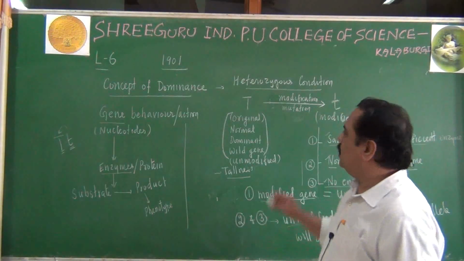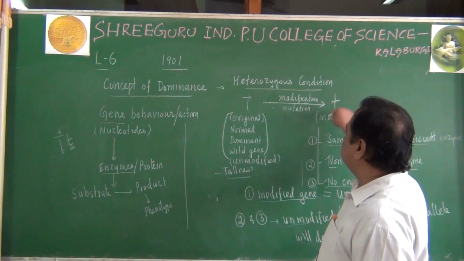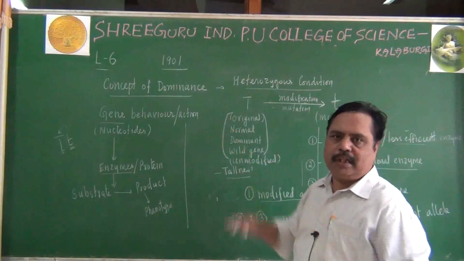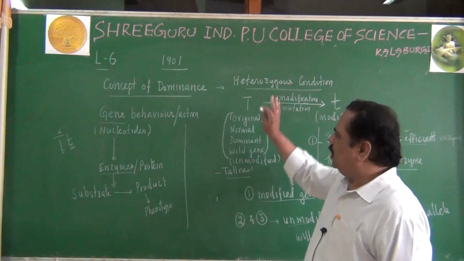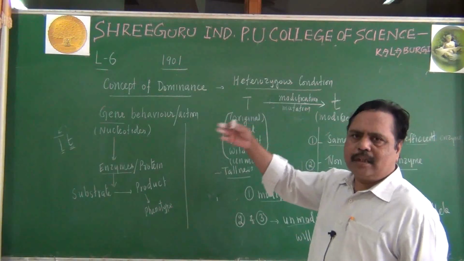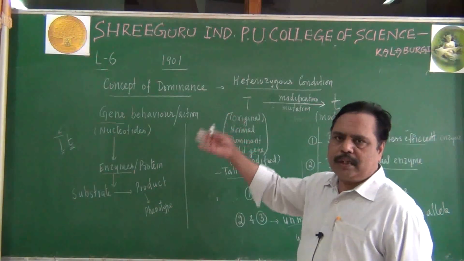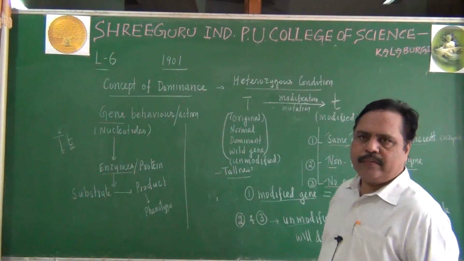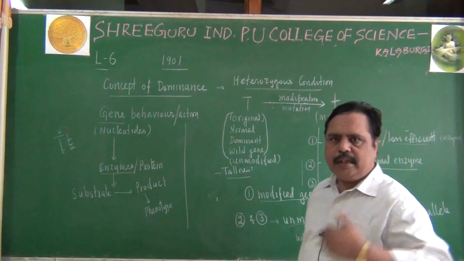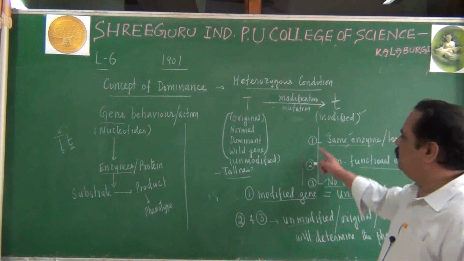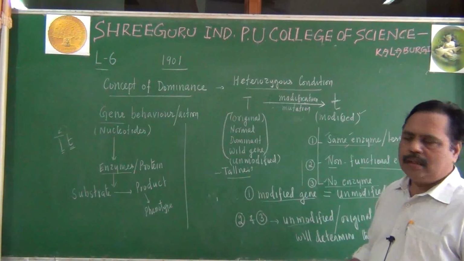It doesn't mean that only small t will exist and capital T will disappear. Capital T will be there. In some individuals it has got modified, and those individuals will spread and inherit it, that is small t. When small t is getting inherited, it may behave in these three ways.